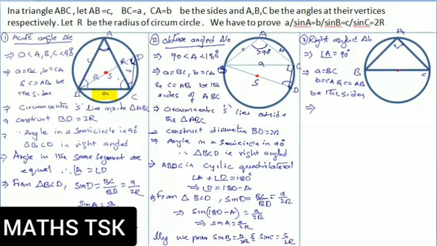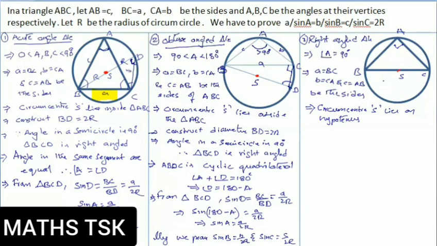In the acute case it lies inside the triangle, in the obtuse case it lies outside. Here it is a right angled triangle. In a right angle triangle, circumcenter S lies on the hypotenuse.